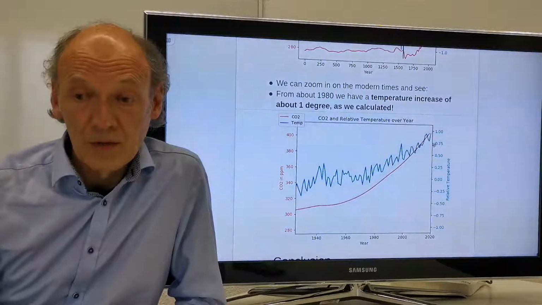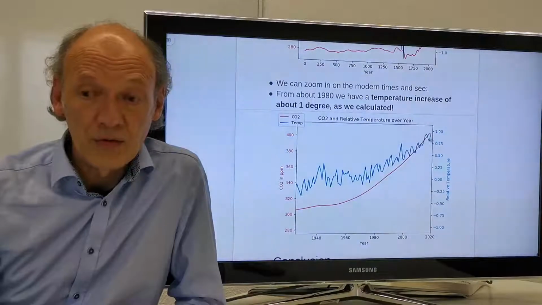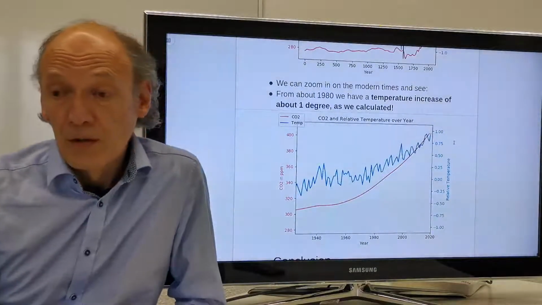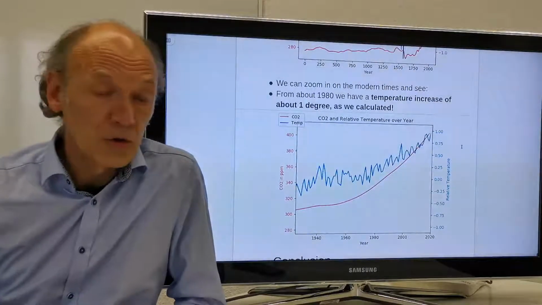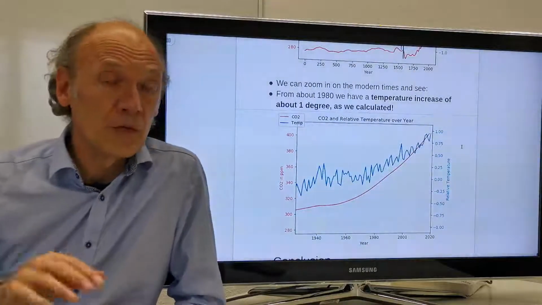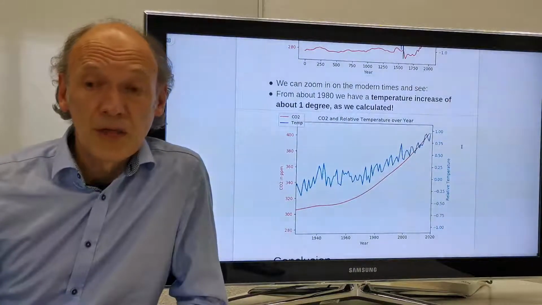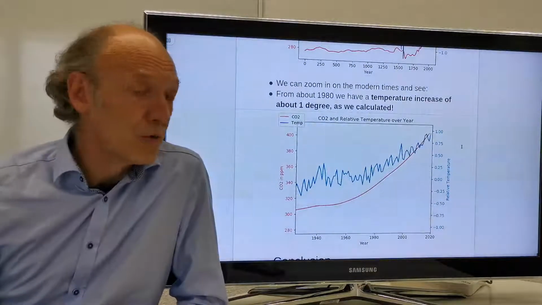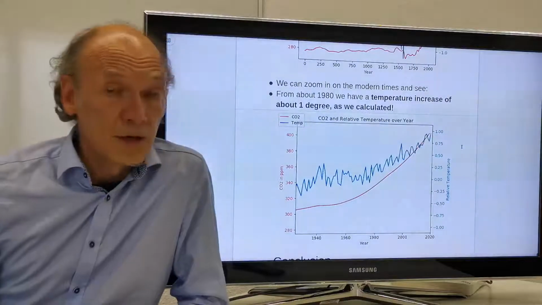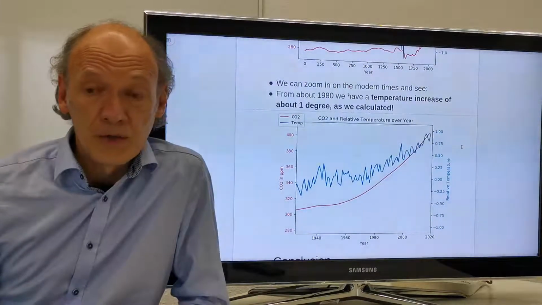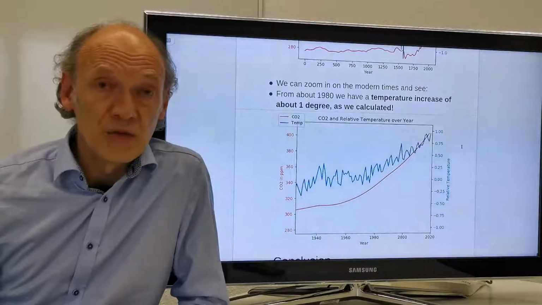So actually the last 40 years already increased in temperature a little more than we would have expected. Yeah, so that shows that we're on the right path for our calculation. We indeed captured the most relevant effects using the ocean as the most influencing part, and the radiative forcing.